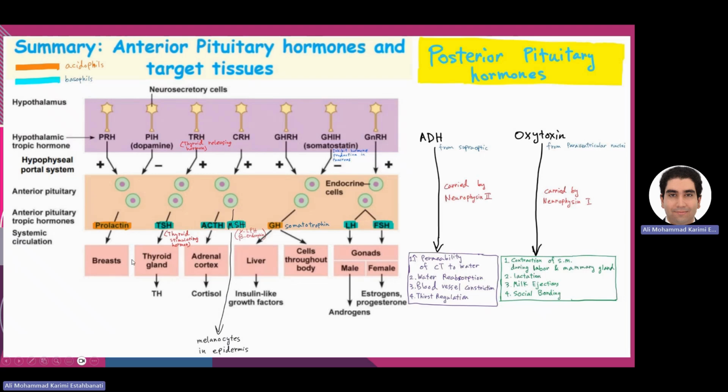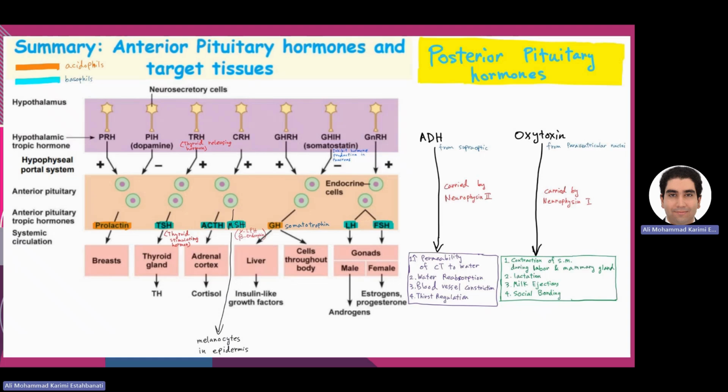Good? Now, the TRH is otherwise known as thyroid releasing hormone. The thyroid releasing hormone goes to the anterior pituitary and causes TSH, the thyroid stimulating hormone, to be formed, and that goes to the thyroid gland and causes the production of thyroid hormones.